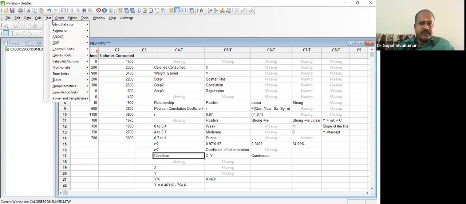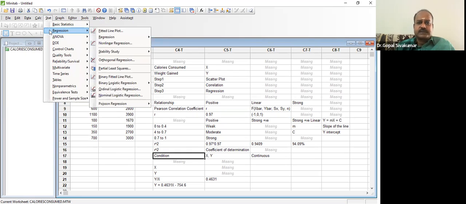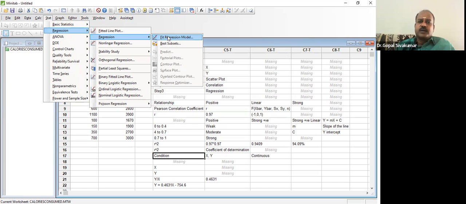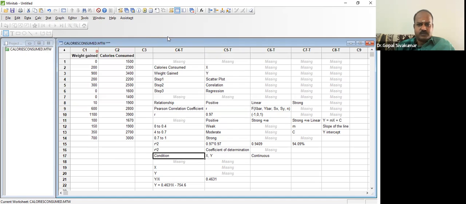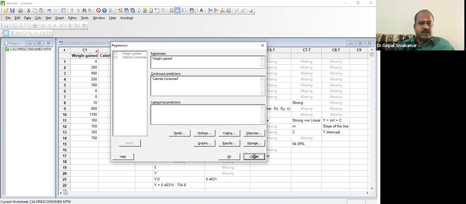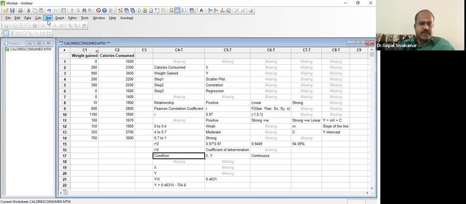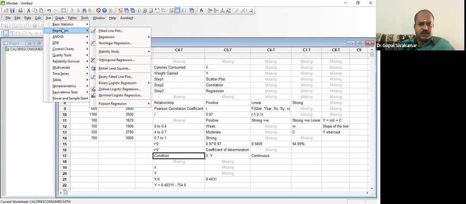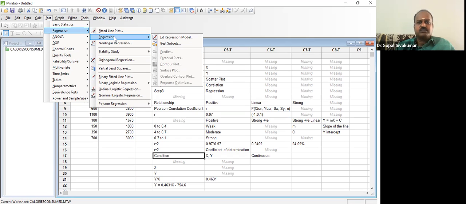So how to do the prediction? Go to the same Stat. Go to Regression.